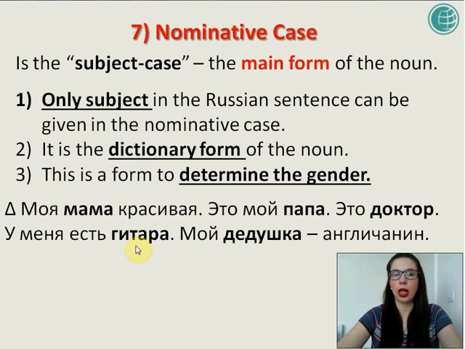In the English language, you translate the sentence as I have a guitar, and I will be the subject. In the Russian language, we have a different construction, and if you translate this sentence word by word, it will be something like Gitara exists to me. Sounds a bit strange, but in this sentence, Gitara is the subject.